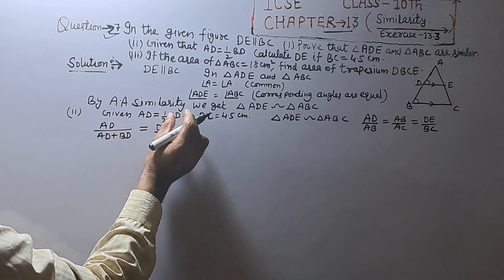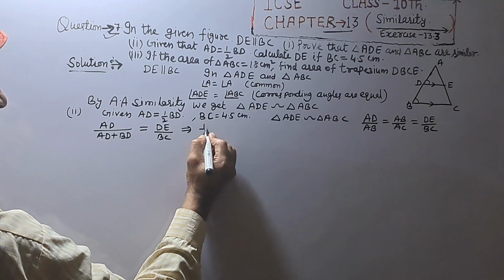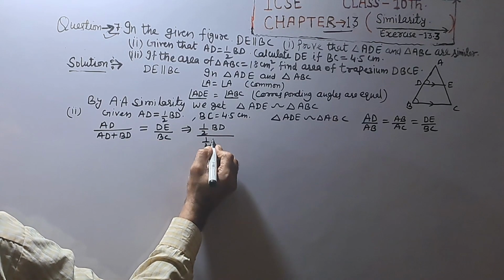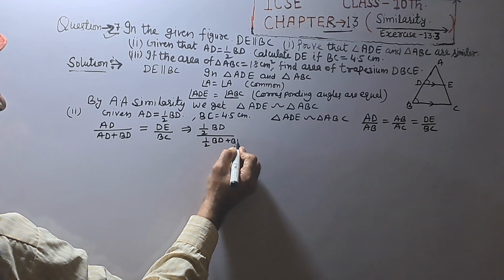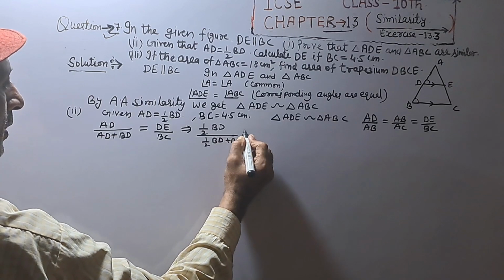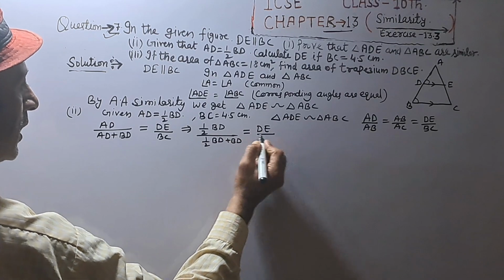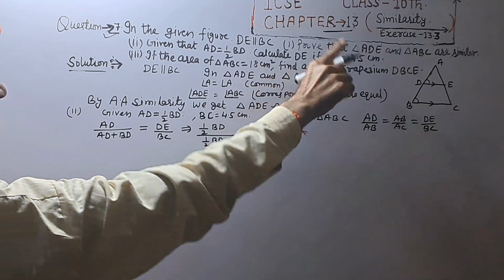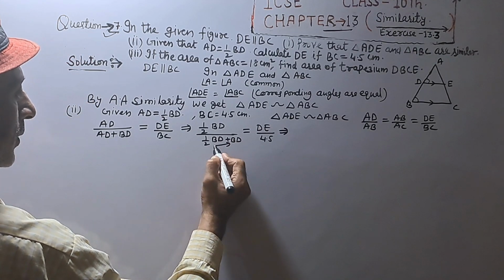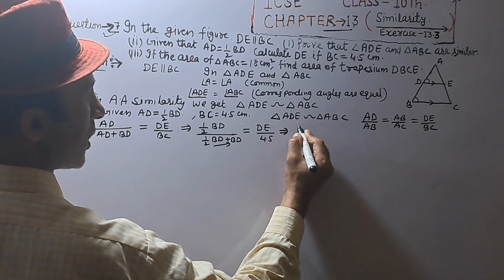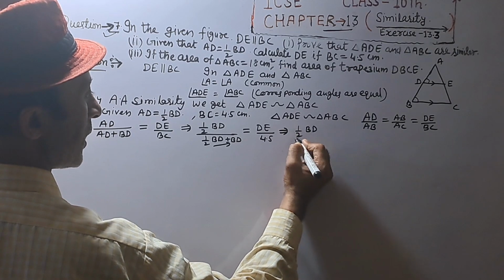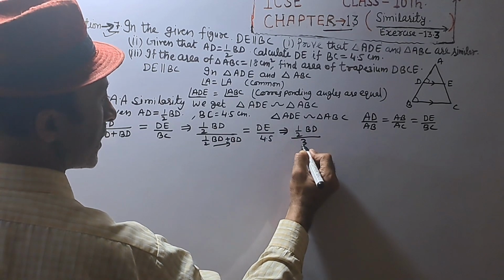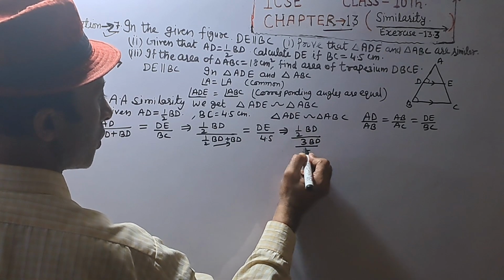AD is equal to half of BD, which implies half of BD divided by half of BD plus BD, that is equal to DE upon BC, 4.5 given centimeter, which implies half of BD upon 2 multiplied by BD, that is 2 BD plus 1 BD, 3 BD upon 2.